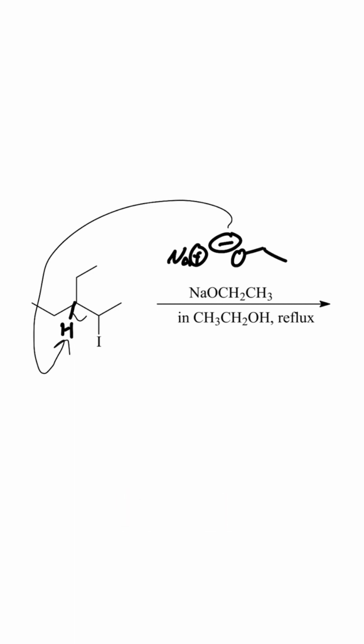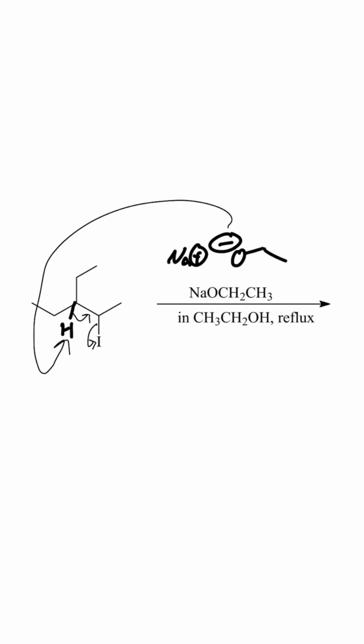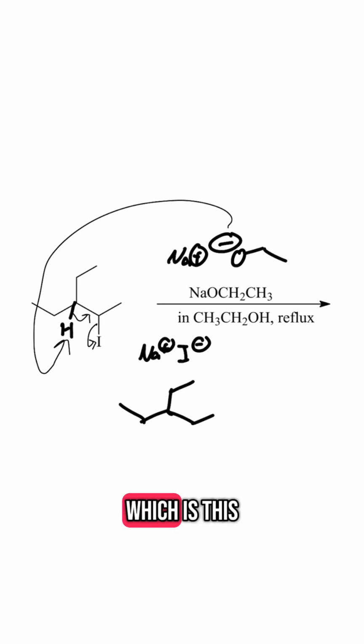And it's going to kick its electrons down there. This iodine is going to kick itself off. It's going to form a sodium iodide salt. And we're going to form our product, which is this alkene right here.